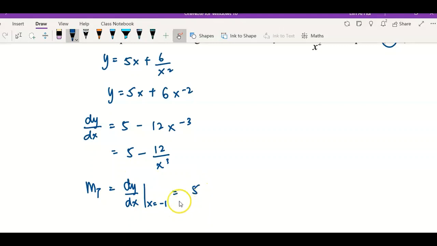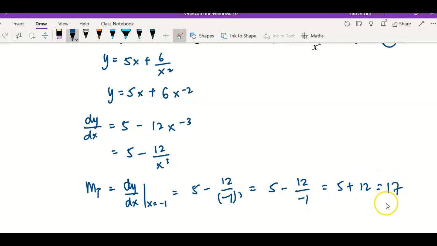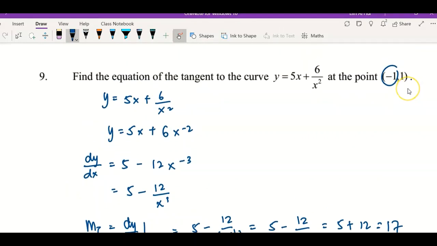So substitute the -1 into my dy/dx, I got 5 minus 12 over -1, which is 5 plus 12. That will equal 17. This is the gradient of the tangent at the point x equals -1, y equals 1.